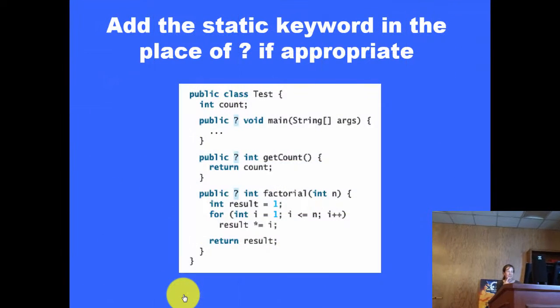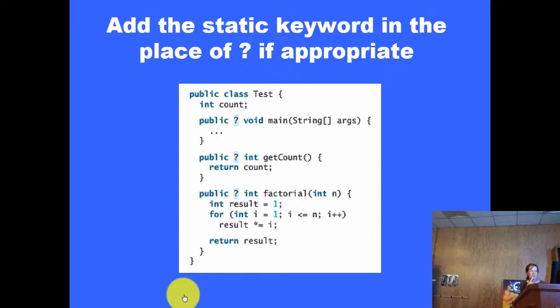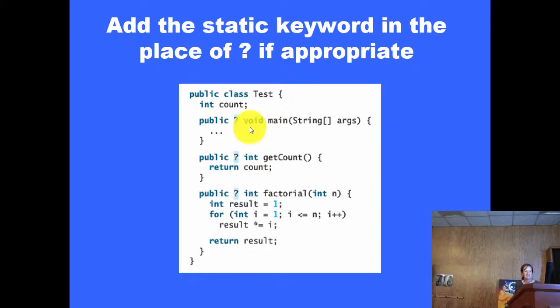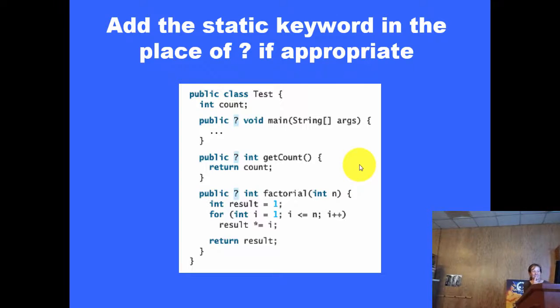All right. Add the static keyword in the place of the question marks if appropriate. So do we get a static here? Actually, the last one you could have a static in. So first 2 good, yes.